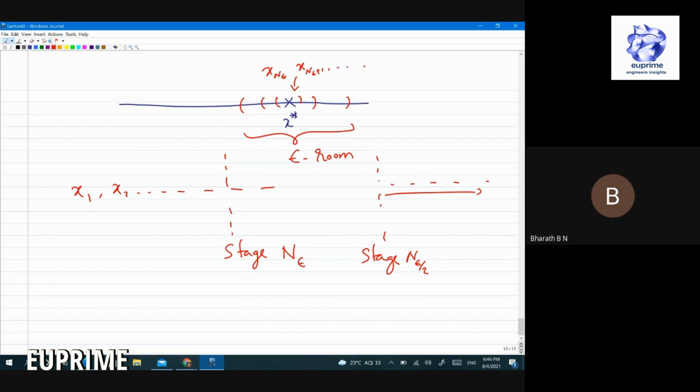So there is this notion of room. What do you mean by room? Can somebody tell me what is room here in this case? Yeah, radius of convergence. No, what is room in this case? The actual limiting value, how close it can go. No, epsilon room is basically the interval.